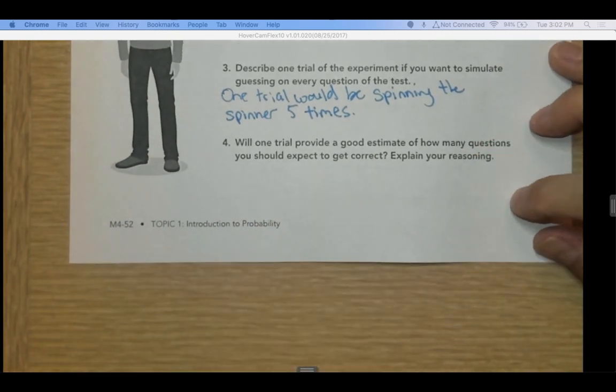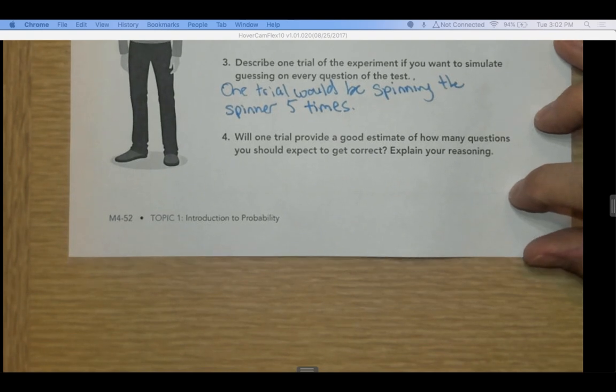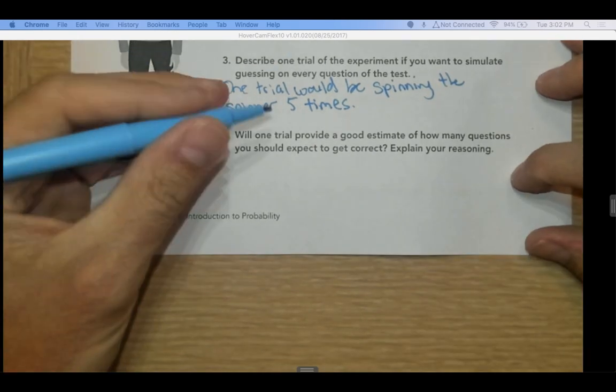Will one trial provide a good estimate of how many questions you should expect to get correct? Explain your reasoning.